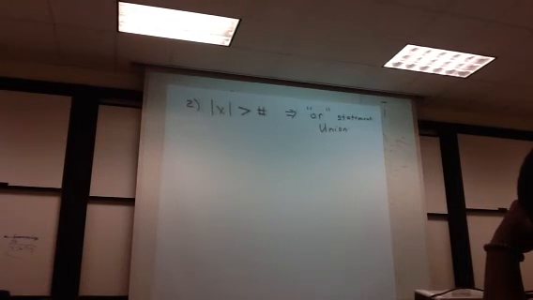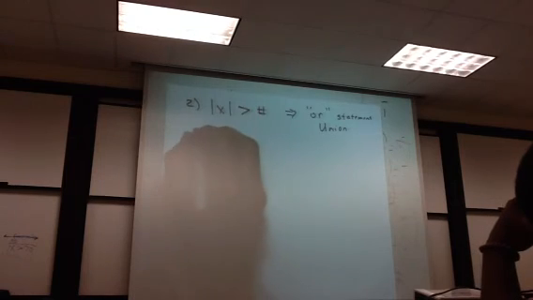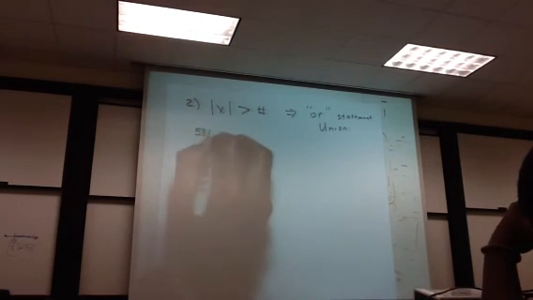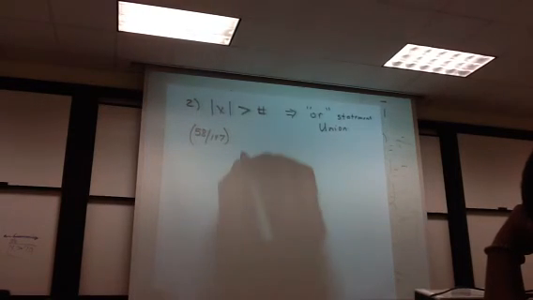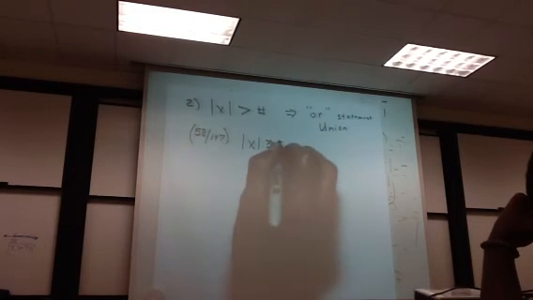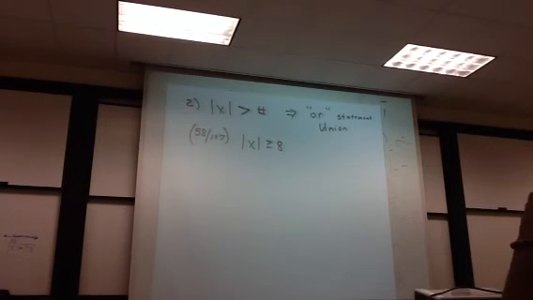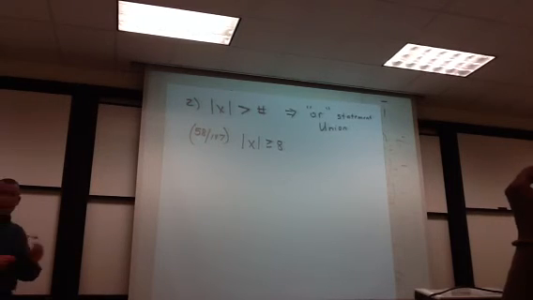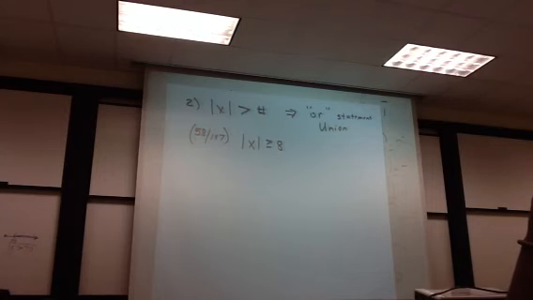Let's look at an example like number 58. Let's start simple. So this is going to translate to 2 inequality statements. This or that. Okay, so it's going to be a this or that statement.